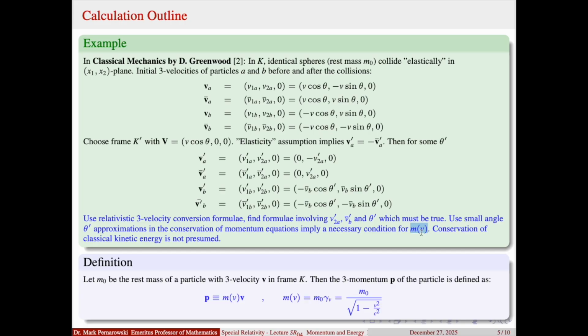There's a lot of algebra and a little bit of calculus, but if you go through all of that, and I urge you to look at the reference, you can derive this function m of v. In other words, momentum can only be conserved if m of v is this very particular function. That's a rough outline. We're not going to dwell on this, but this is a rough outline of how one goes about defining a three momentum that's relativistic, that preserves conservation of momentum.